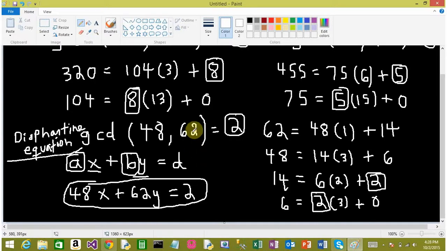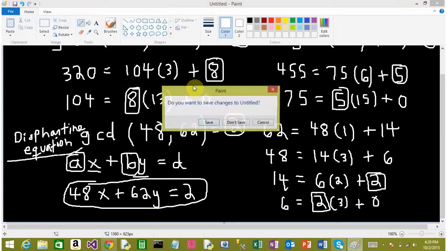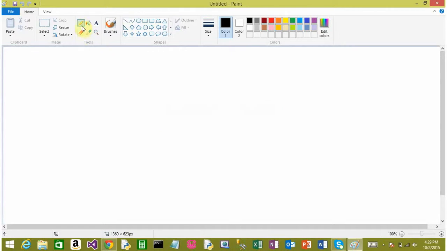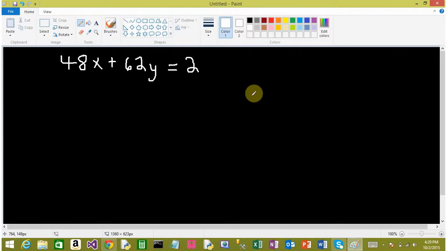Okay, so we'll start a new board and we'll see how this works. Here's the equation we want to solve: equals 2. And we're going to go ahead and do our division over here that we did, just to review again.